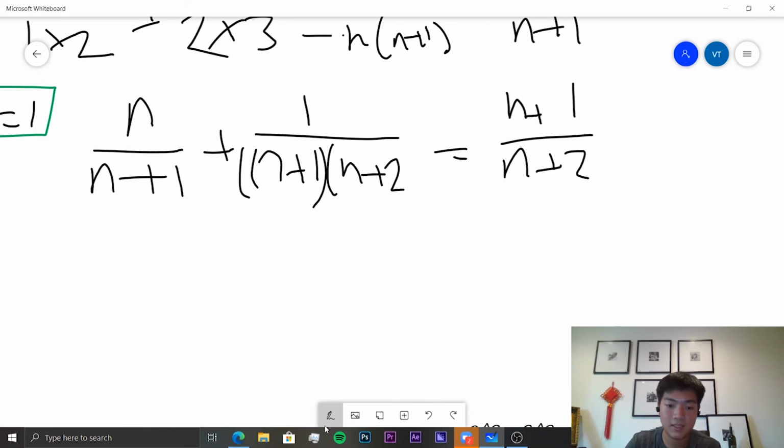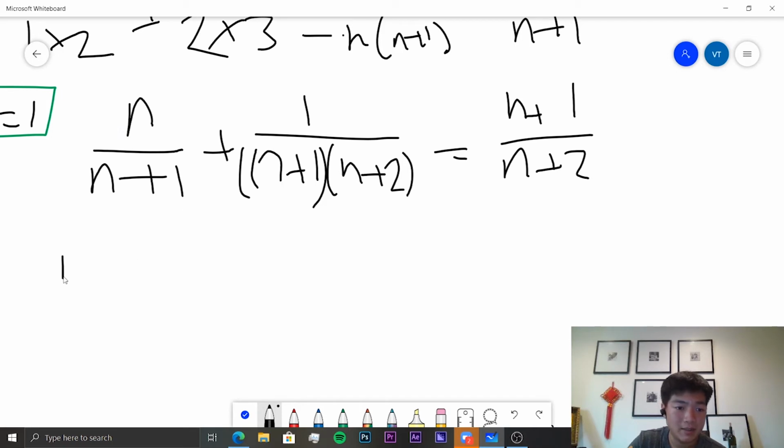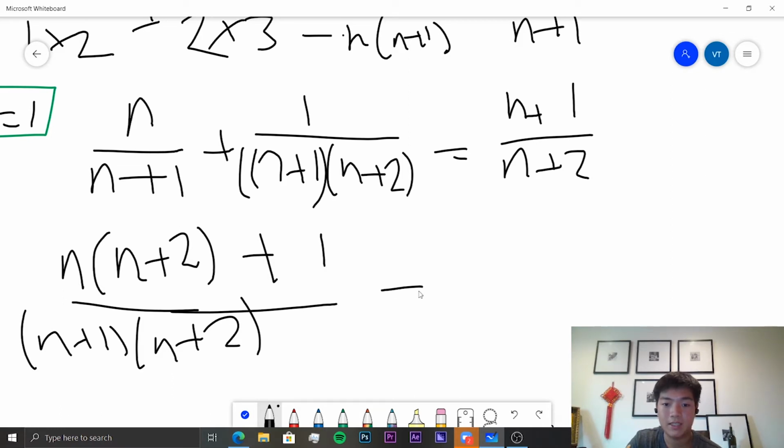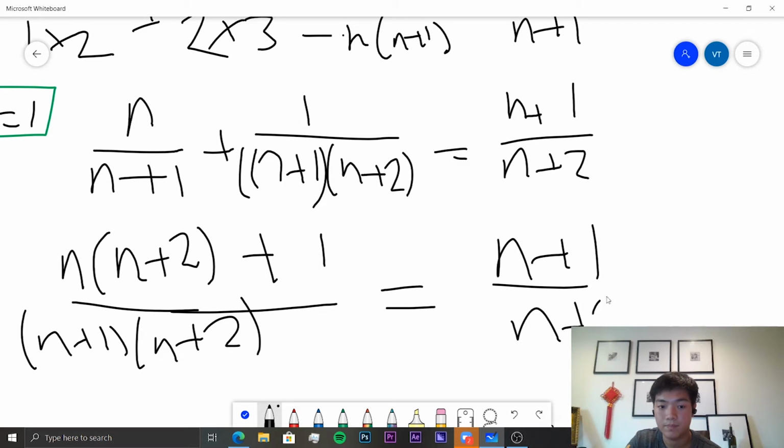So, I mean, this does not look like that hard of a proof. If we simply multiply both sides by n plus 2, we get n times n plus 2 divided by n plus 1 times n plus 2 plus 1, of course. Just combining it into a single fraction should be equal to n plus 1 over n plus 2.